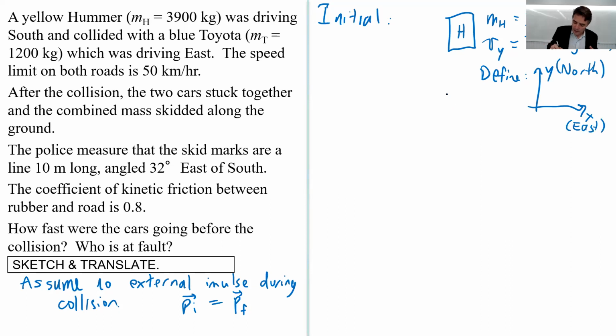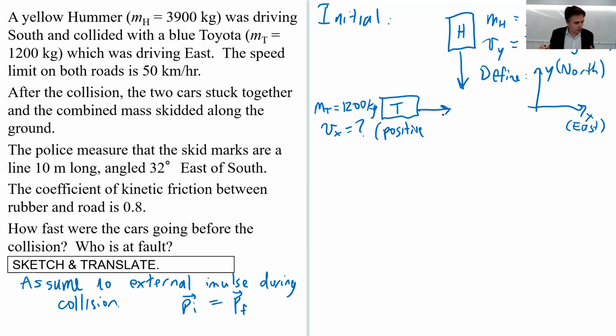Okay. And so that's going down, and then it's destined to collide with this Toyota, which has a mass of 1,200 kilograms. And Vx here is question mark, but you know that that one's positive, going in this direction. That's your initial situation. Your final situation is going to be that they've kind of collided together.